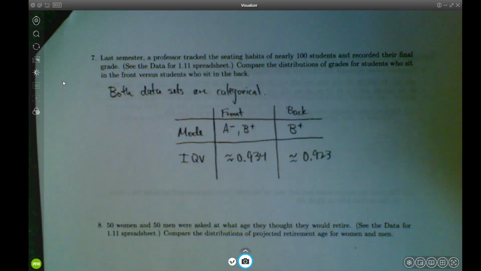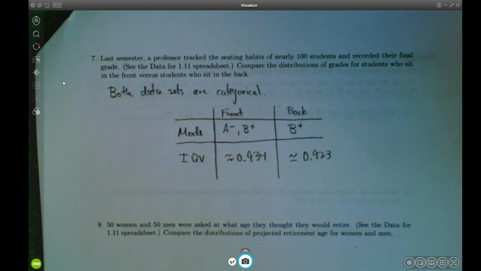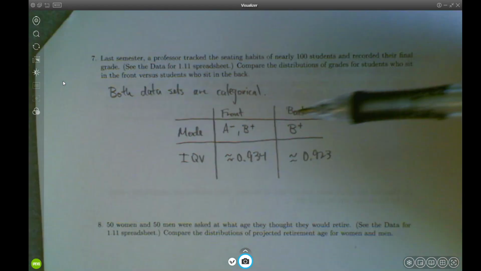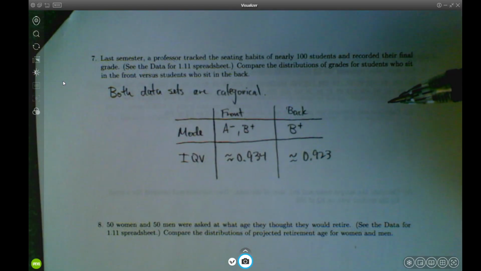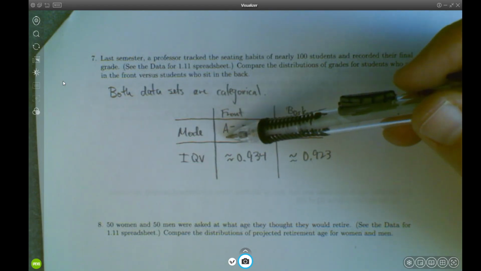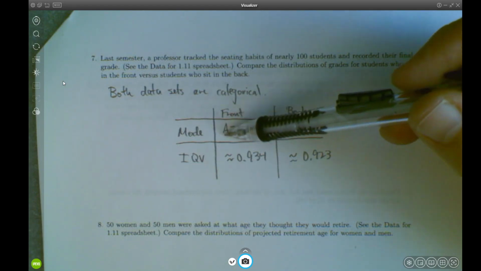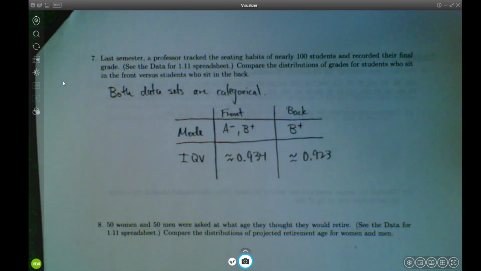And that's that. In comparing these two data sets, the modes are not that different. If you're looking at the overall grade in the class, people who sit in the front, there were a few more of them who got an A minus than a B plus, but there's just not much of a difference between an A minus and a B plus anyway, right?